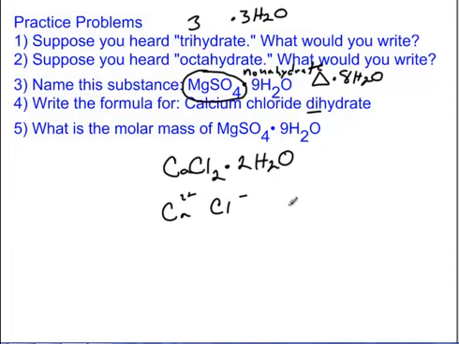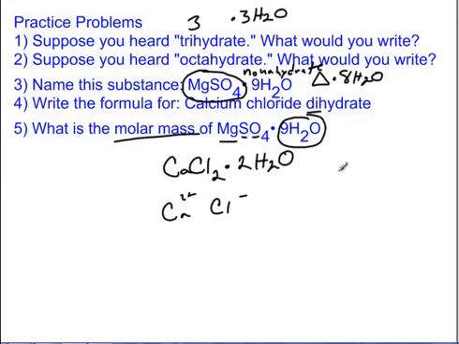Now here's the part that's important. When we find the molar mass of a hydrate, it's not just the weight of magnesium sulfate. In other words, it's not just the weight of magnesium, 1 sulfur, and 4 oxygens. We also have to add these 9 waters.